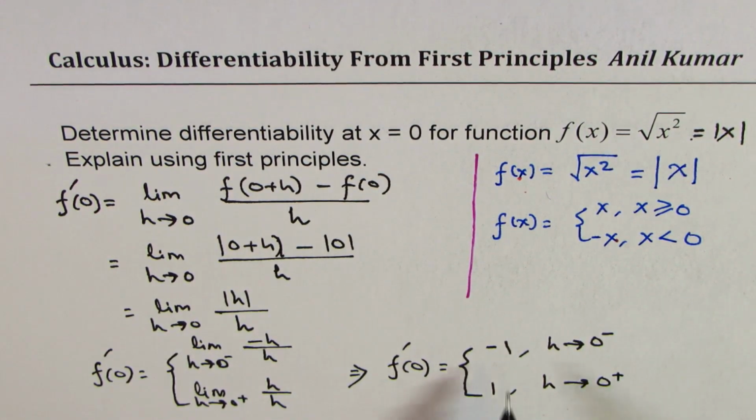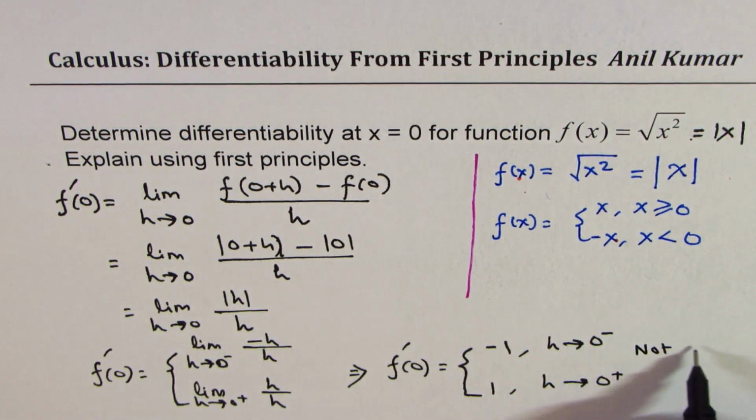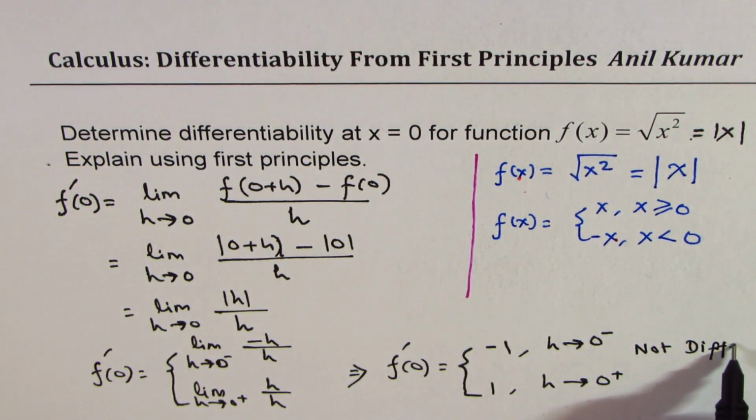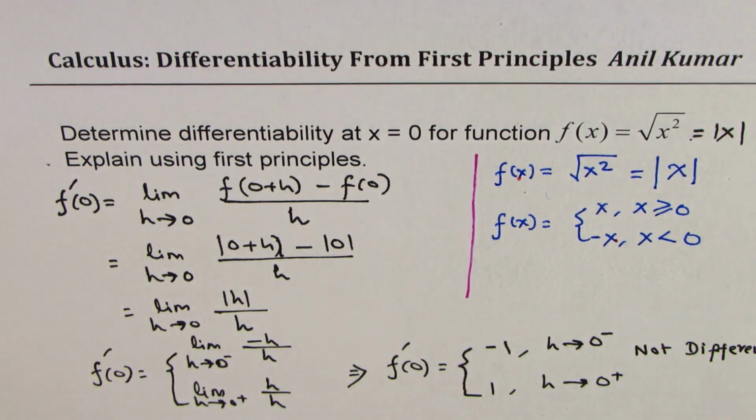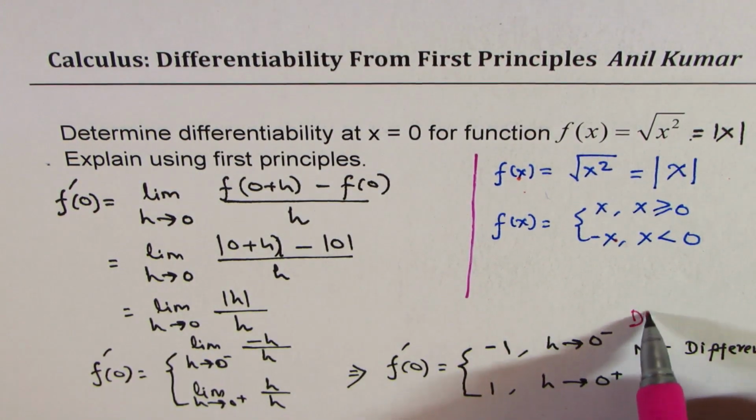You get it? Now these two values are different, right? And therefore, since they are different, we say not differentiable. The reason being different values.